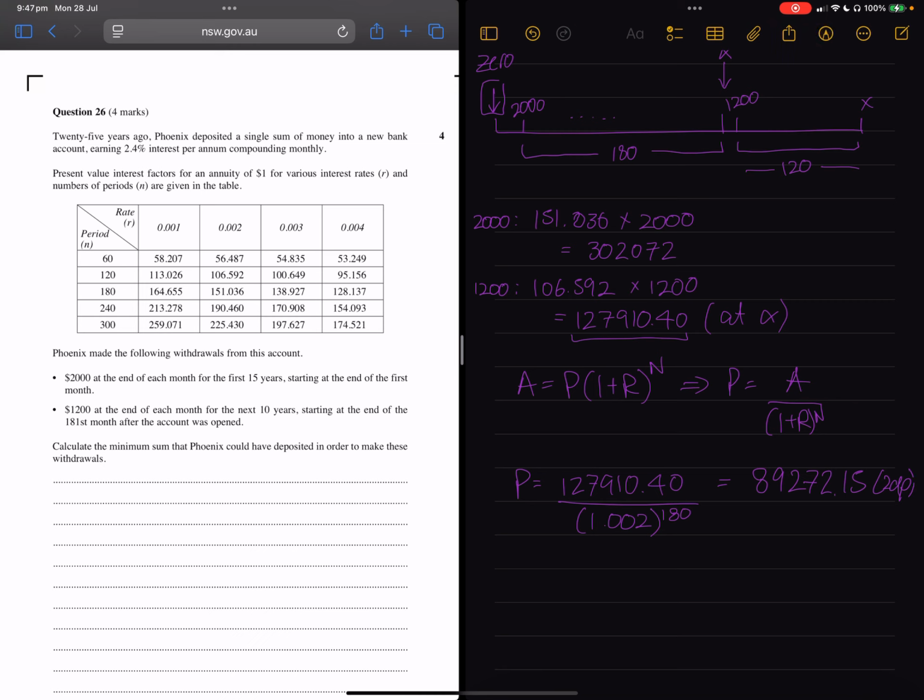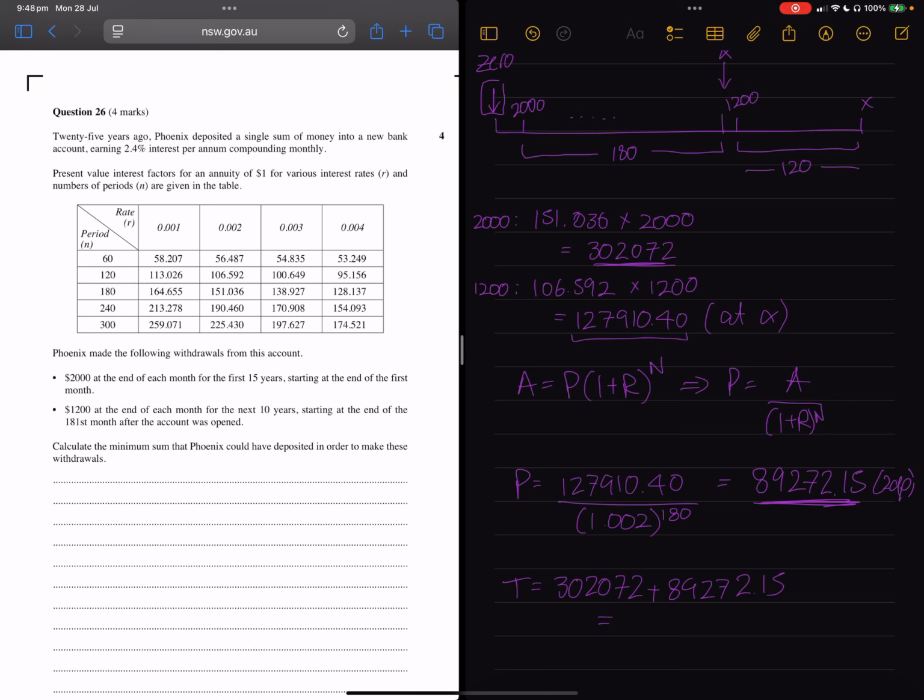So the amount you need to put in initially is the sum of the 89,000 and the 302,000. So the total needed on day one is 302,072 plus 89,272.15.